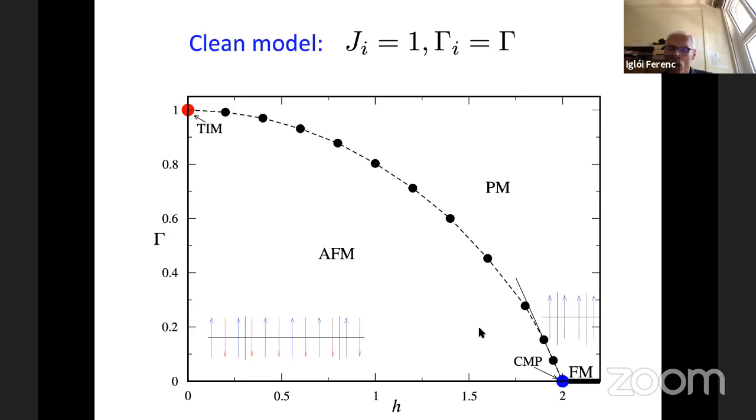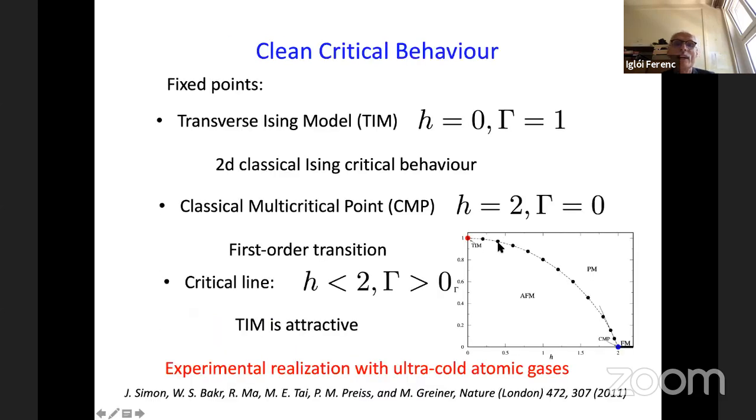If we leave this phase, then due to strong longitudinal field, all the spins will point in the direction of this field, and there is a phase transition in between. And actually, there are two fixed points of this phase boundary. One is at h equals 0, and the second is the blue one, which is without quantum fluctuation at gamma equals 0. At these points, we know the clean critical behavior exactly.